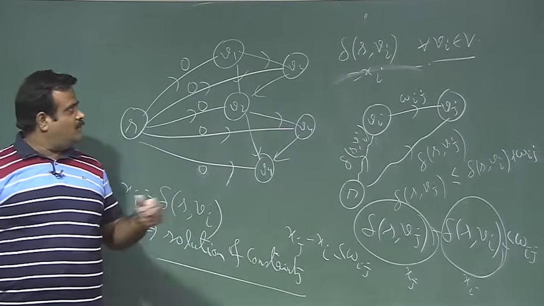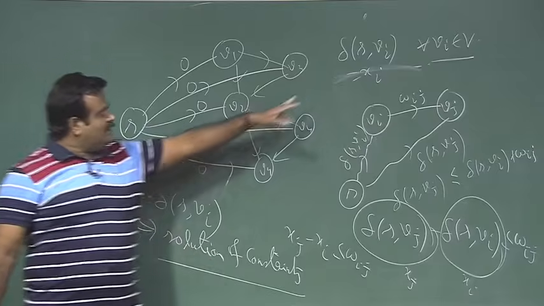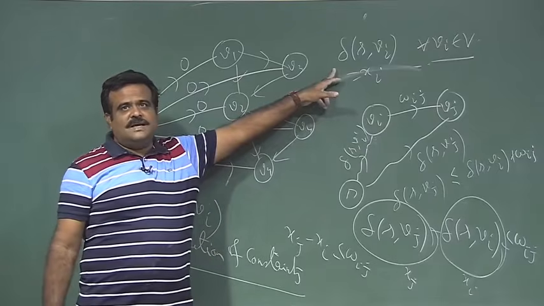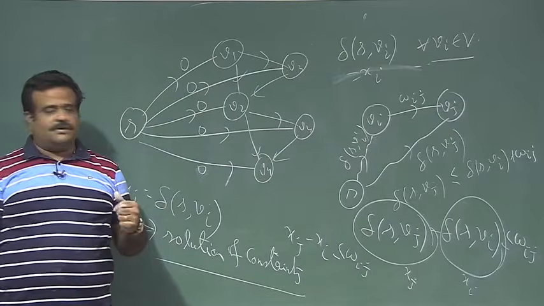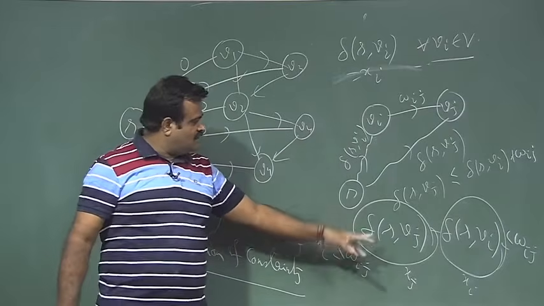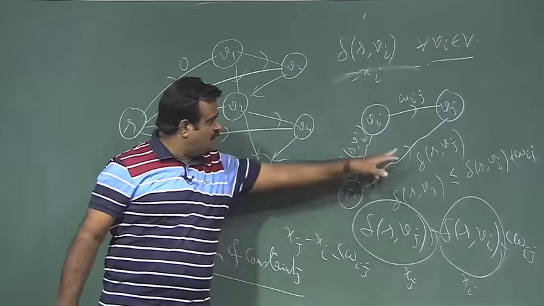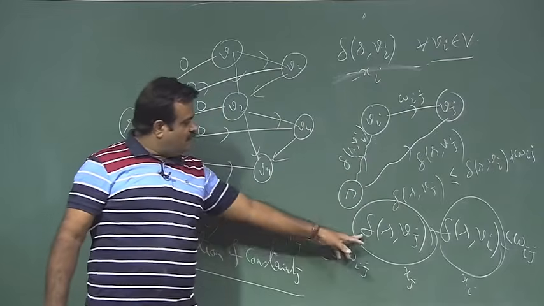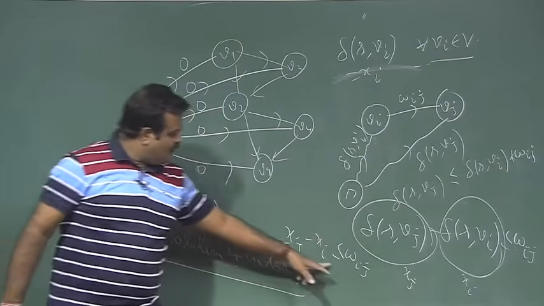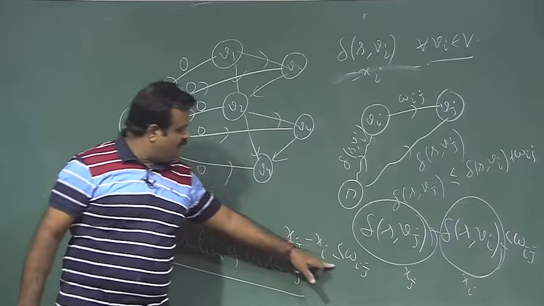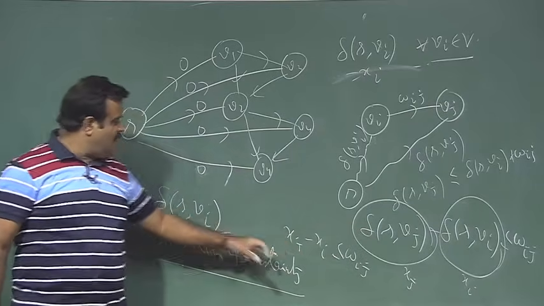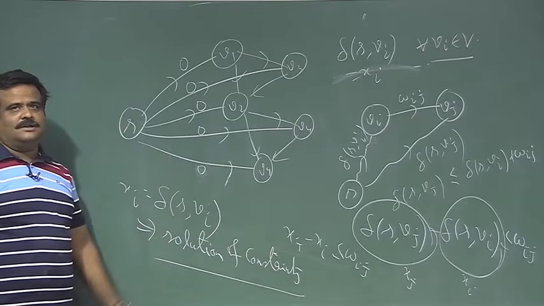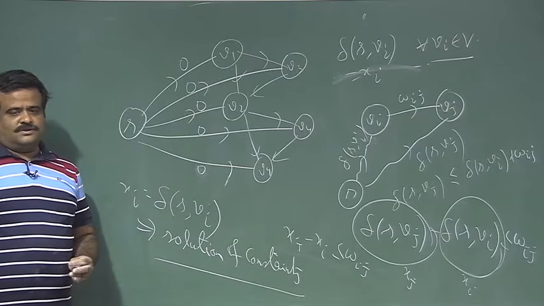After running Bellman-Ford, we will get the deltas, because the shortest path will exist, and these deltas are nothing but the solution of this constraint system, which comes from the triangle inequality. These deltas satisfy the constraints, and so they are the solution of the difference constraints. Thank you.